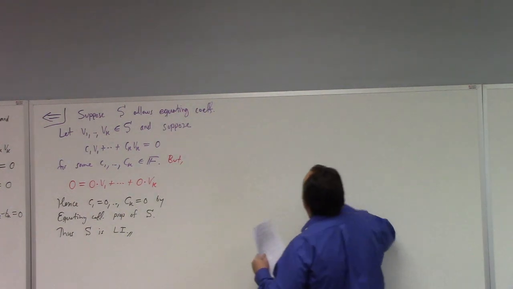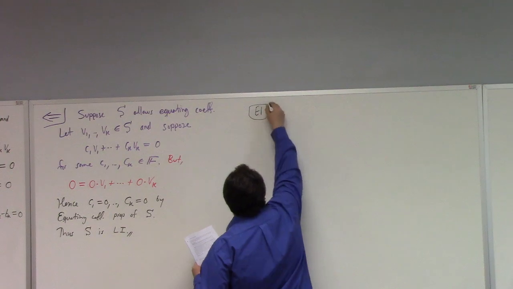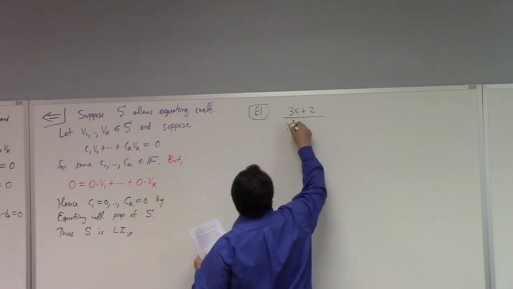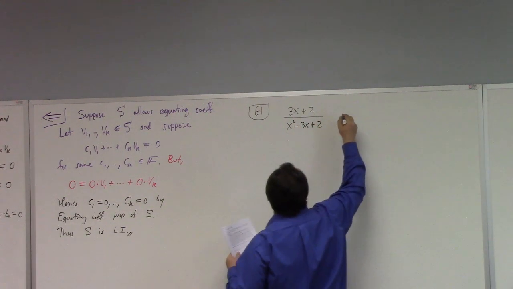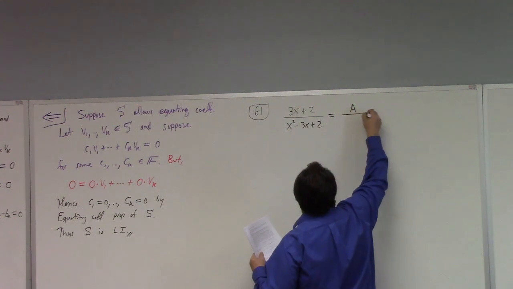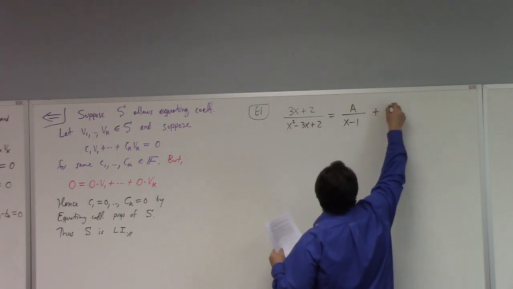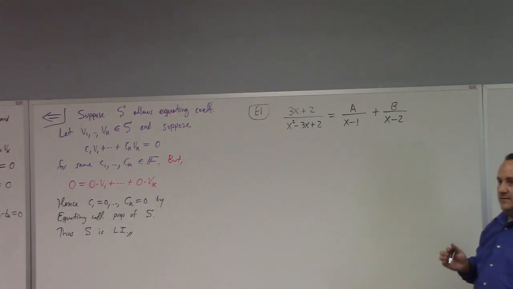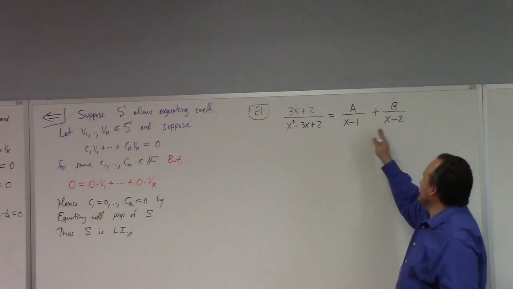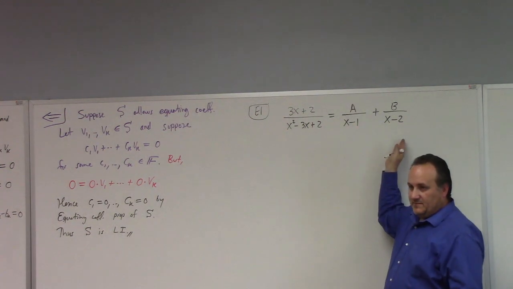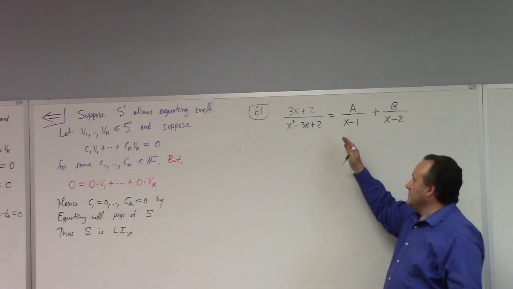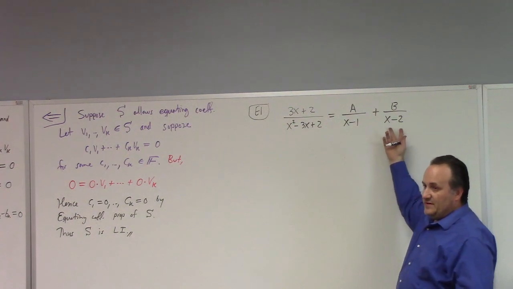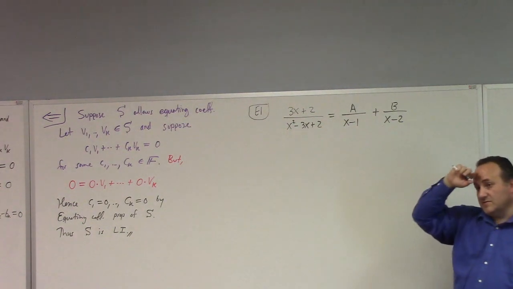Like example 1, we had something like 3x plus 2 over x squared minus 3x plus 2 maybe. And we're like, oh, well, that's A over x minus 1 plus B over x minus 2. The concept that this A and this B are independent of one another is in part because the function 1 over x minus 1 and the function 1 over x minus 2 are actually linearly independent as functions.